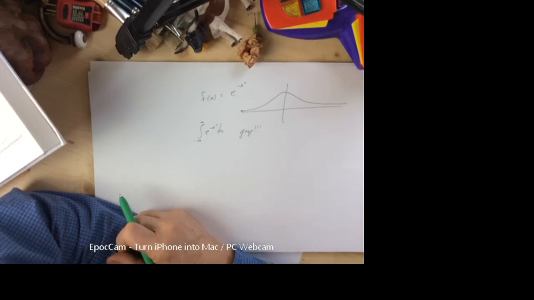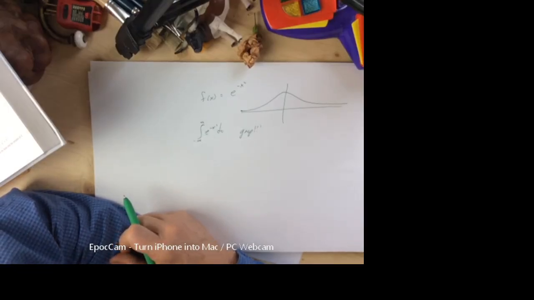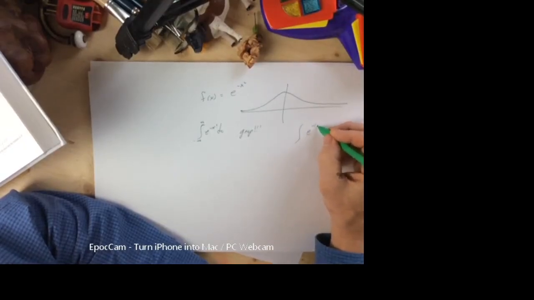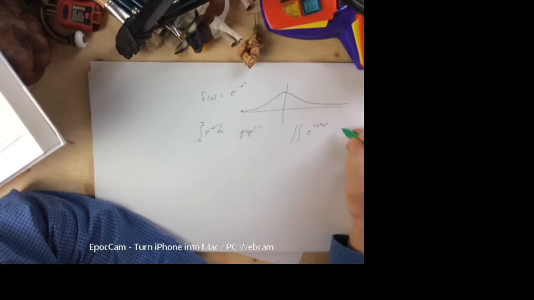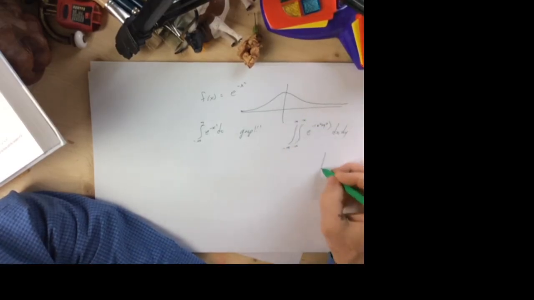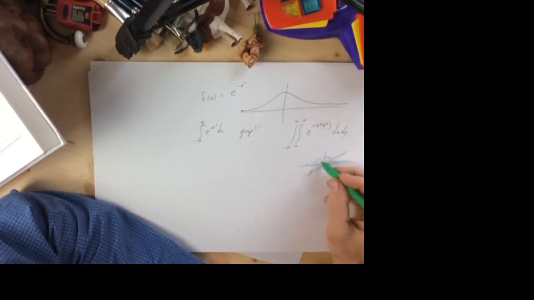So, it turns out that this integral by no means is obvious. If some of you remember, e to the minus (x squared plus y squared) dx dy, from minus infinity to infinity, from minus infinity to infinity, which was a truly bell-shaped curve in two directions.